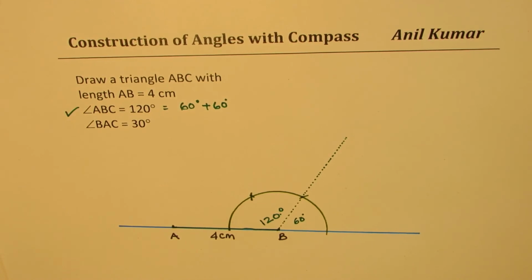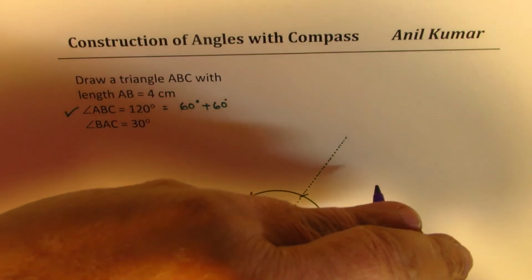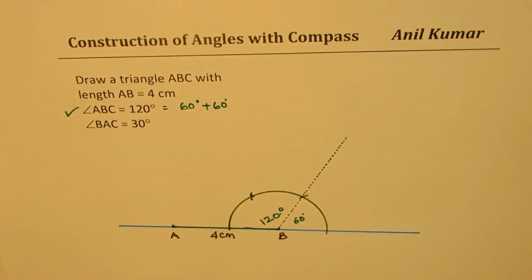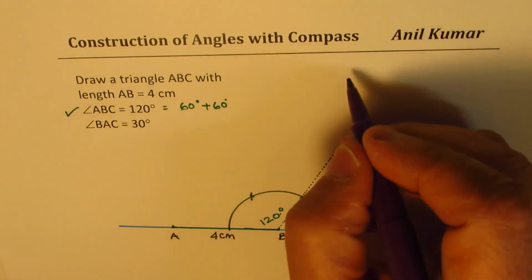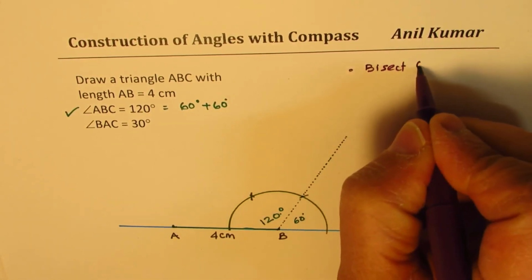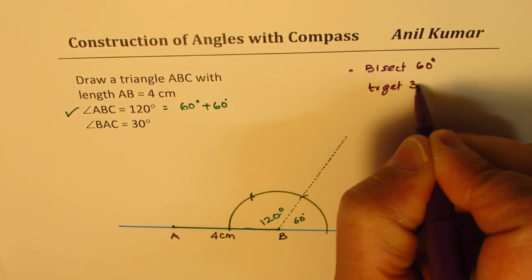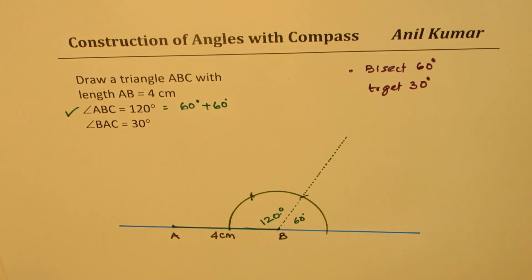So we'll now bisect 60 to get our 30 degrees. From here, we are going to bisect 60 degrees to get 30 degrees, correct? That is what we're trying to do, and then we'll copy that angle.